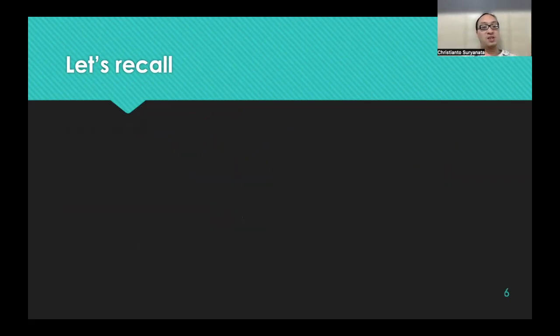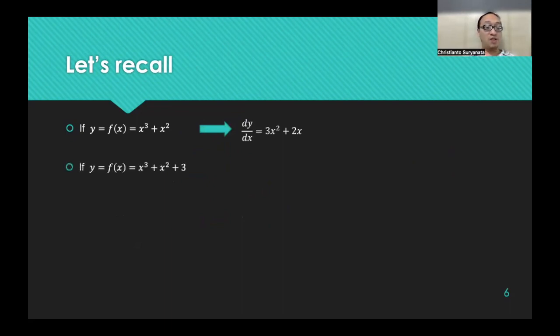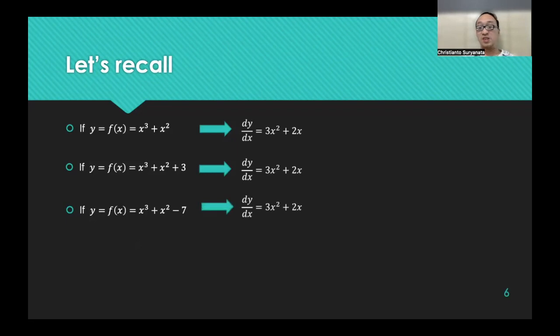Next, if we have x cubed plus x squared, the derivative is 3x squared plus 2x. If we have x cubed plus x squared plus 3, the derivative is the same. And for x cubed plus x squared minus 7, the derivative is still the same.